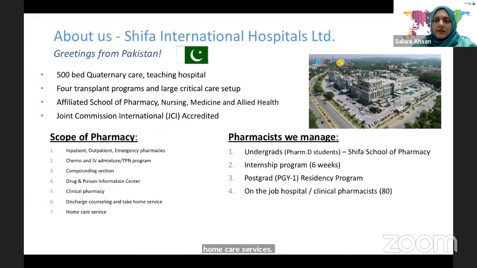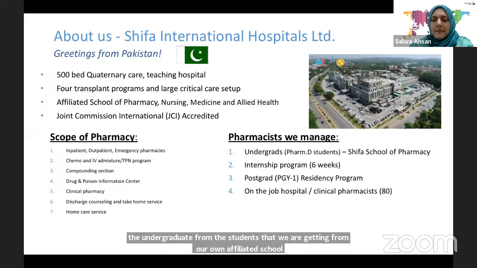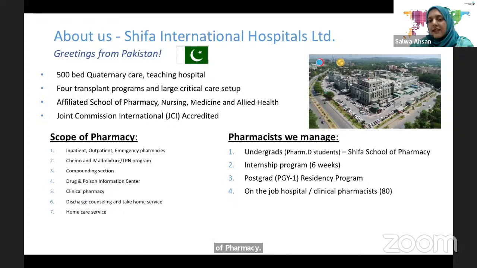So what types of workforce or the types of pharmacists, grads or undergrads, are we dealing with here at this practice site within our pharmacies? The first one is the undergraduate PharmD students that we are getting from our own affiliated school of pharmacy. Next is the internship program, which is a 6 weeks internship program that we run around the year.